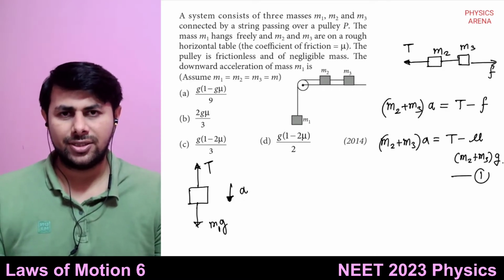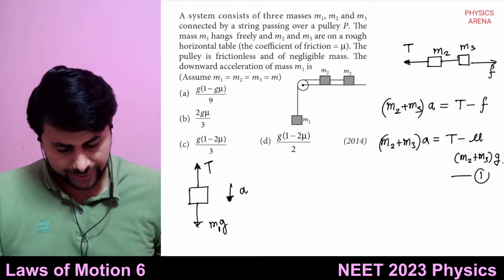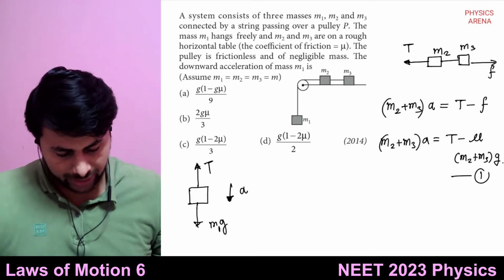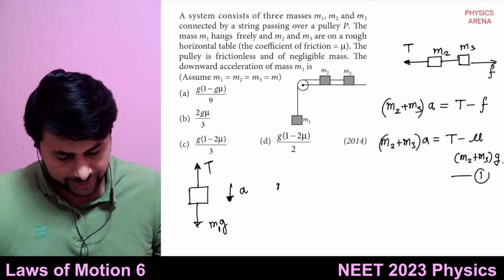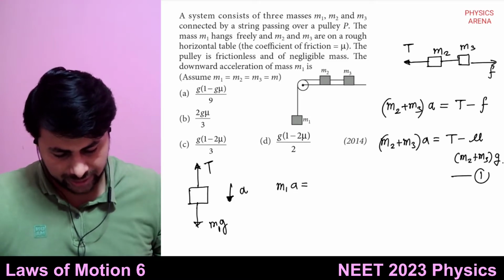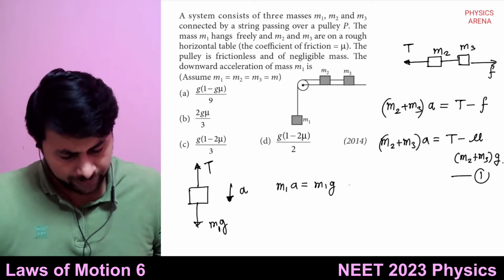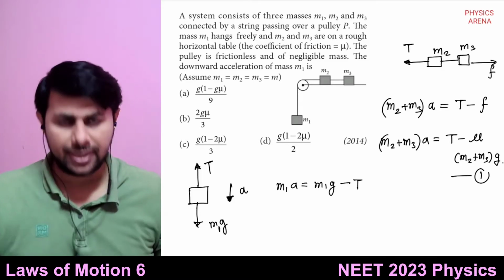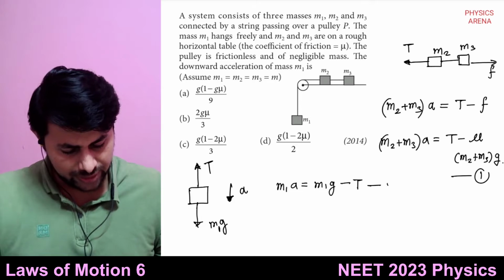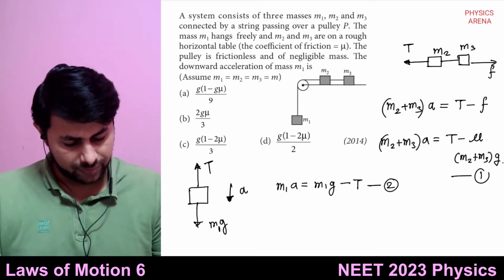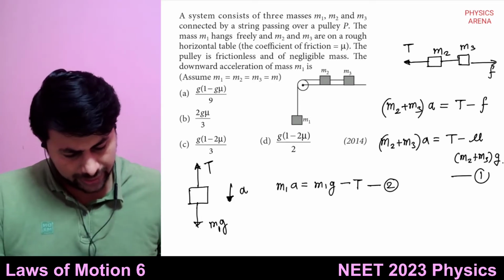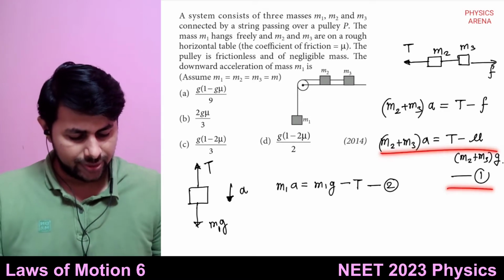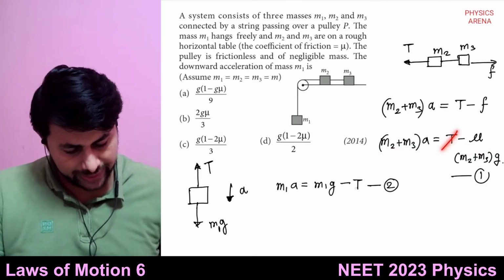So the net force downwards is m1 times A, equal to m1 into g minus the tension in the string. This is your equation number 2. Then you add 1 and 2. What do you get? The tension will get cancelled out, right?